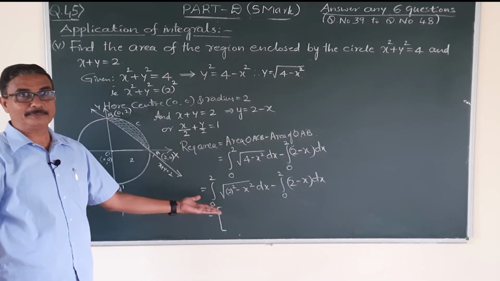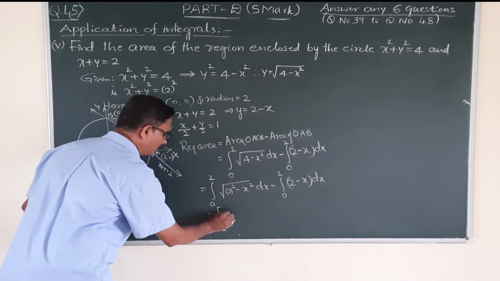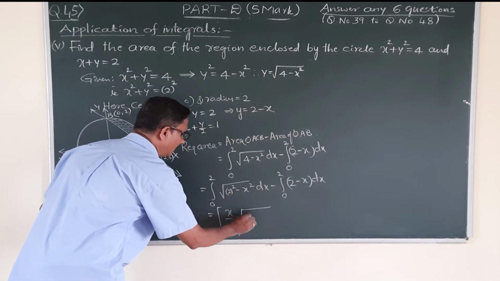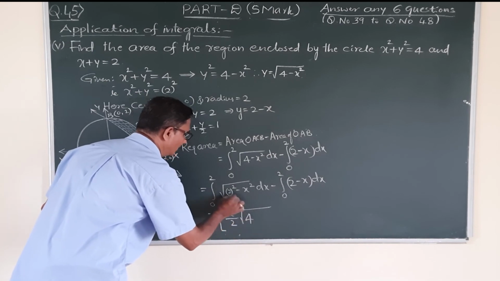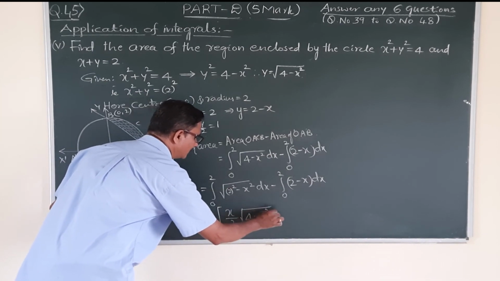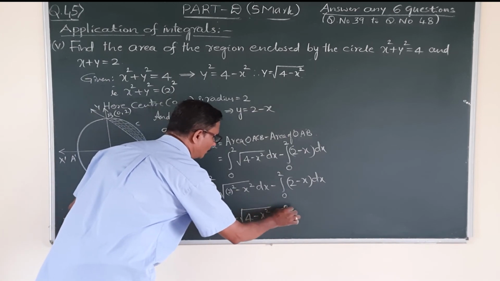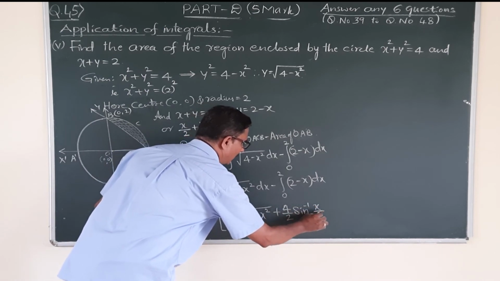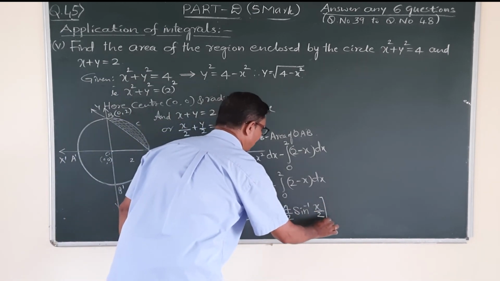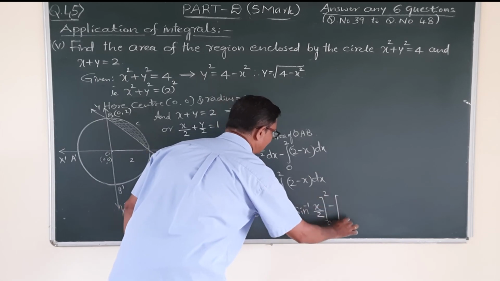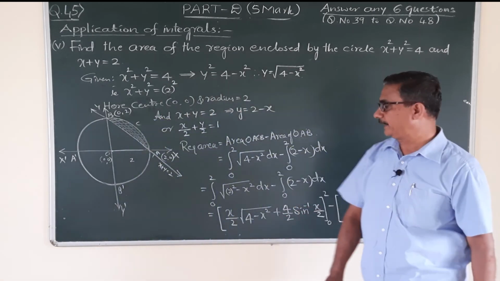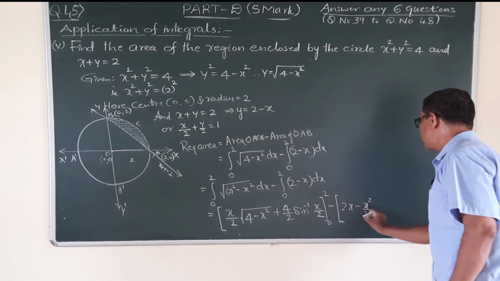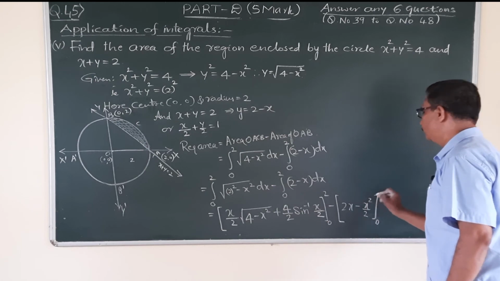Again you know the formula, remember that formula: x by 2 under root of a square minus x square plus a square by 2 sin inverse of x by a. Here the value of a is 2, so 4 minus x square, plus 4 by 2 sin inverse of x by 2, between the limits 0 to 2, minus the second integration, 2x minus x square by 2 between the limits 0 to 2.